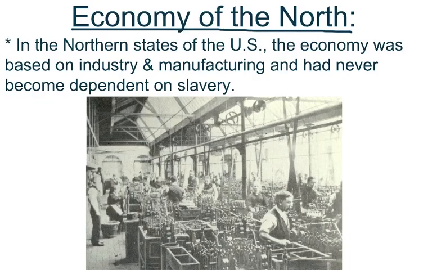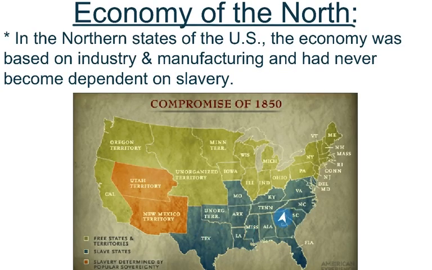It's just the fact that they didn't need to enslave people to work because they were dependent on industry and manufacturing, right? Now, the people of the South depended mostly on farming, right? So write that in, farming. That is why they needed slavery and they depended on it, compared to the North, which did not need it.